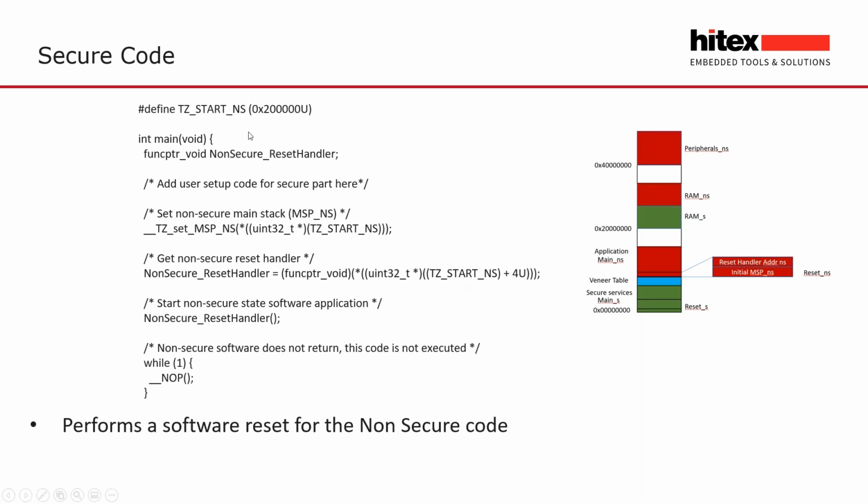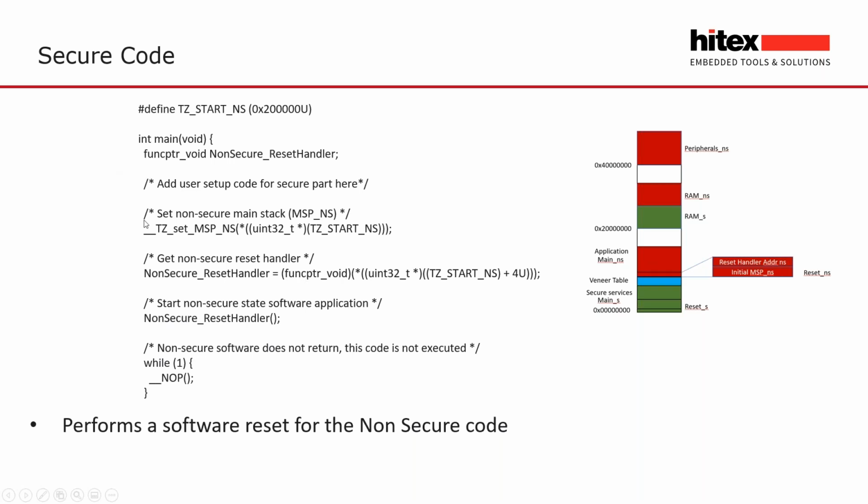We then take the start address +4, which is the reset handler, and we load the value that's stored in there directly into a function pointer, and then we call that function pointer. That will now jump us to the reset handler that's in the non-secure code.